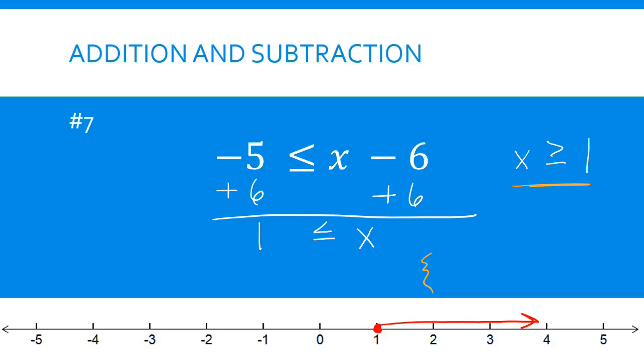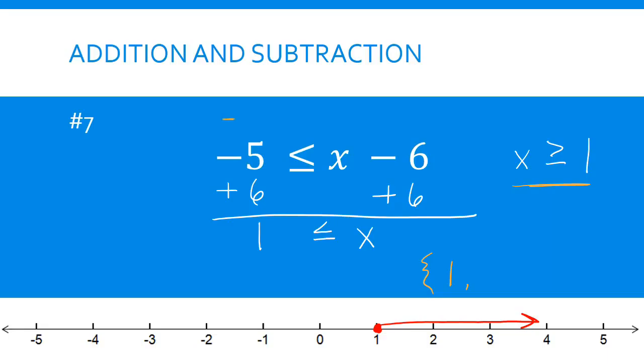We have negative 5 is less than or equal to, if we put 1 back in, 1 minus 6, which is negative 5. So we know that positive 1 works. Now let's try a positive 2. If we put positive 2 in, negative 5 is less than or equal to 2 minus 6, which is negative 4.